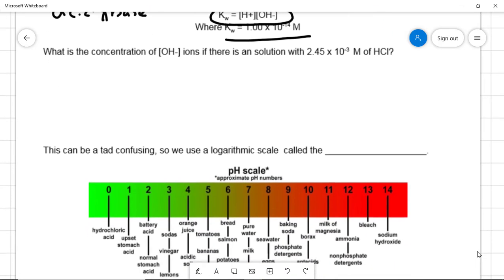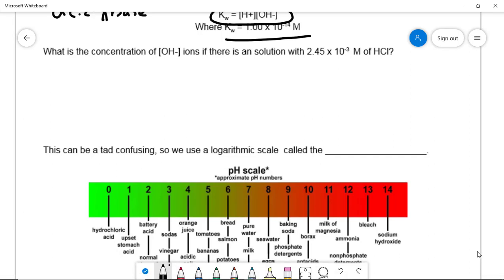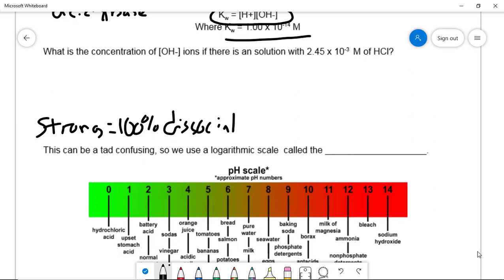We talked a lot about acids before, and all we're going to look at is strong acids and bases. Now, if you remember, if those acids are strong or bases are strong, you get 100% dissociation. Well, what does that mean?